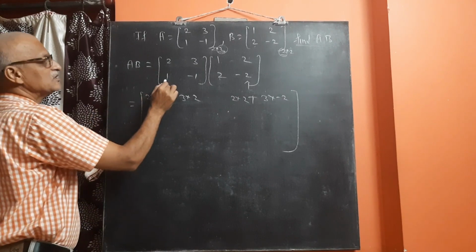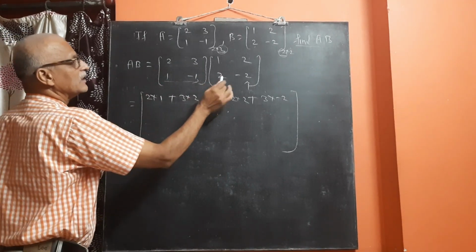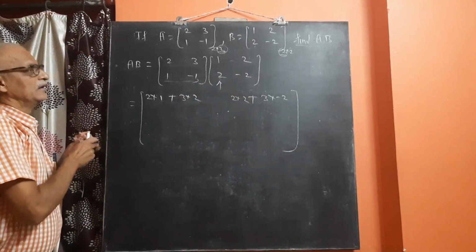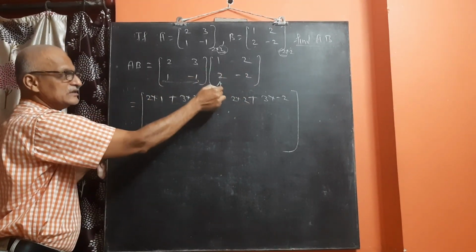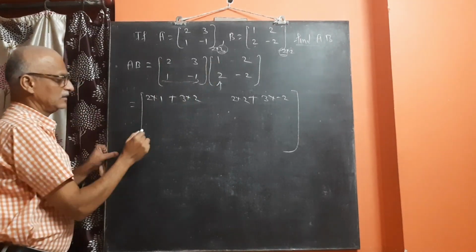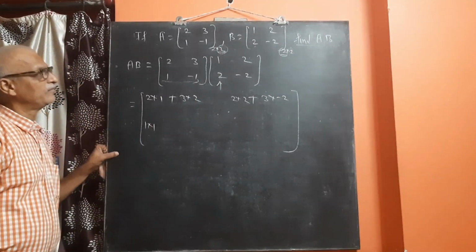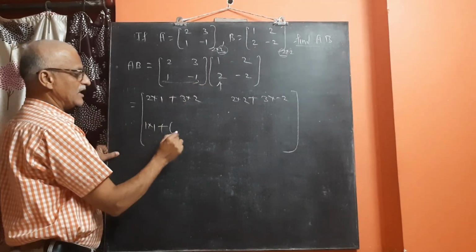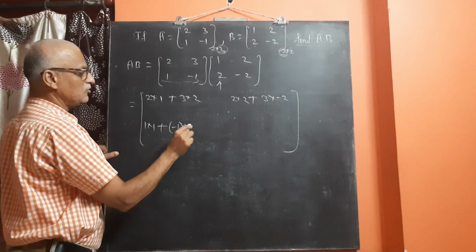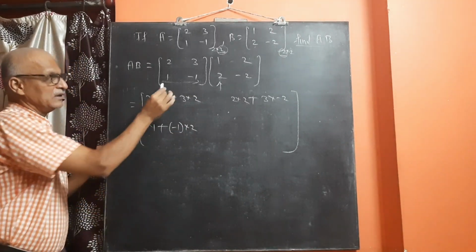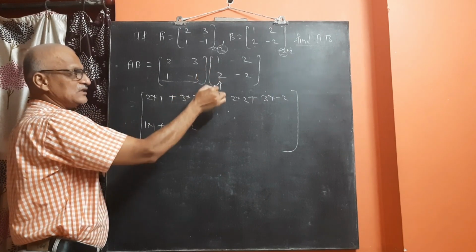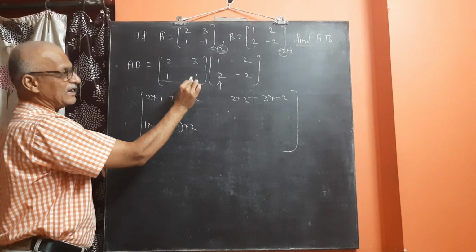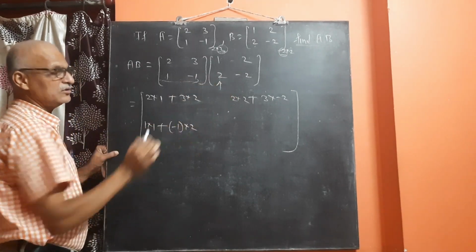Now second row means this one, this row into this column. R2 into C1: 1 into 1 plus minus 1 into 2. I put a bracket: minus 1 into 2.